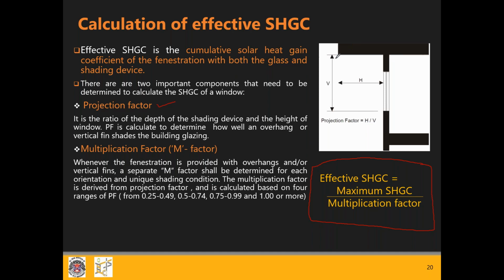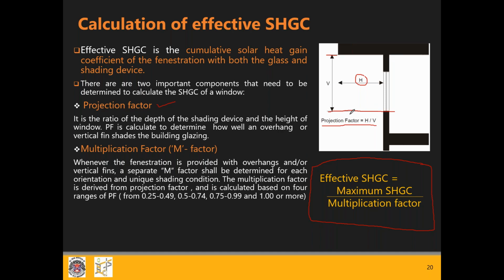This projection factor is a factor of the shading. This is the formula for the projection factor. That means how much my shading extends out of the wall divided by the distance from the bottom of the shading to the bottom of the glass.